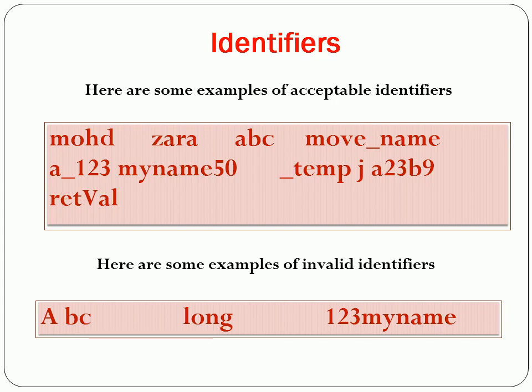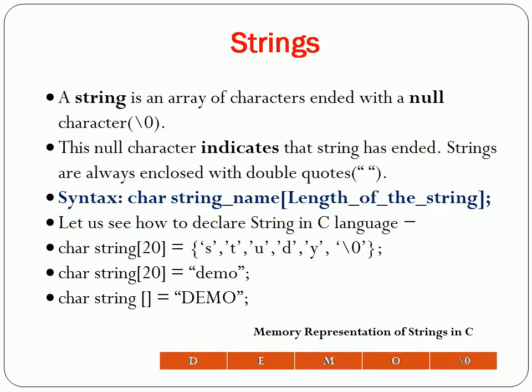The third example is 123 my name. As we said, the first character of an identifier must be an alphabet, but here it starts with a number, so this is also considered an invalid identifier.